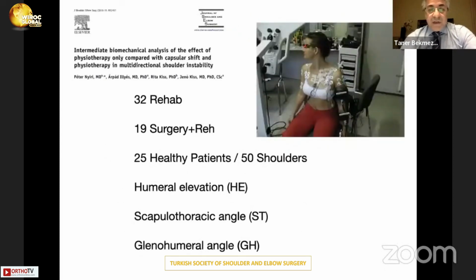And this is another important study. It shows us how kinematic parameters change with rehab-only patients and with rehab and surgical patients. Researchers compared both the kinematic parameters and the activity of the muscles around the glenohumeral joint in this study.